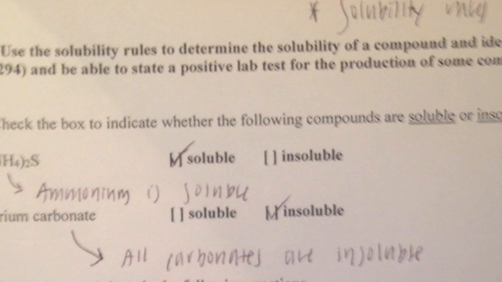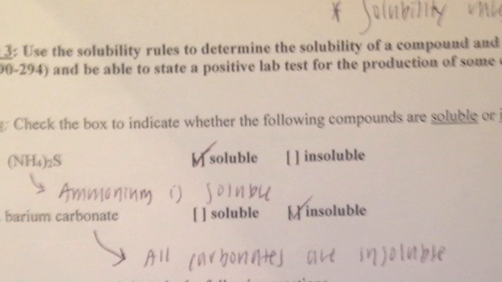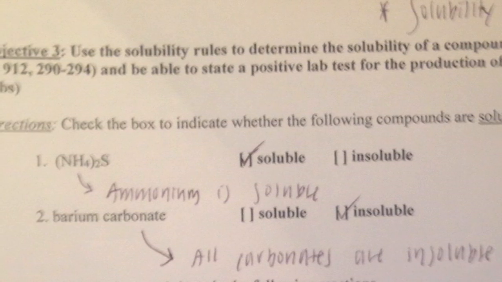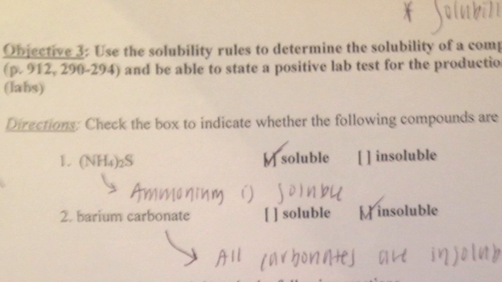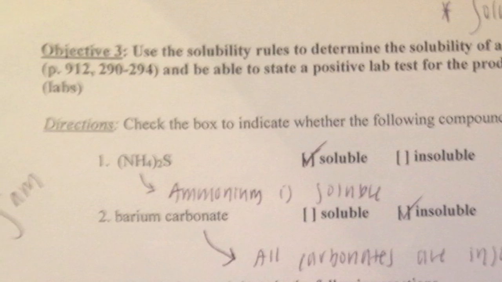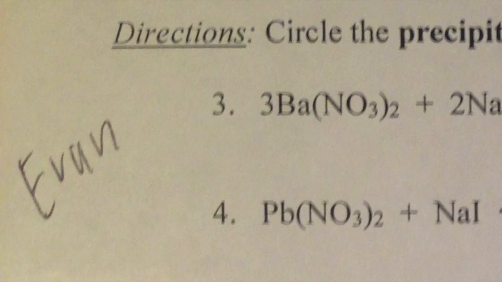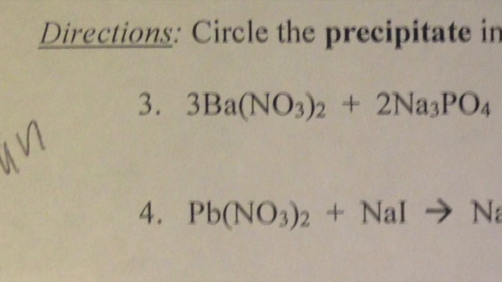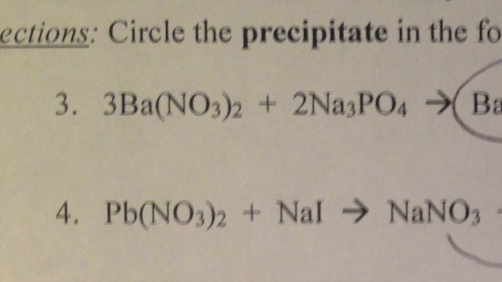All right, for problem 1, you have NH4, and that is soluble because ammonium is always soluble. Barium carbonate in question 2 is insoluble because all carbonates are insoluble. In determining the precipitate, you only have to look at your solubility rules, and for number 3 and 4, you only have to know one solubility rule.